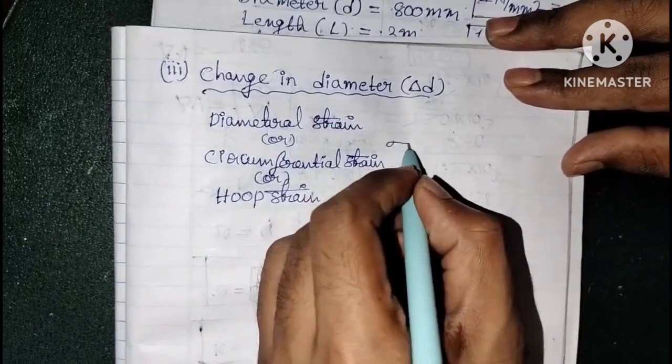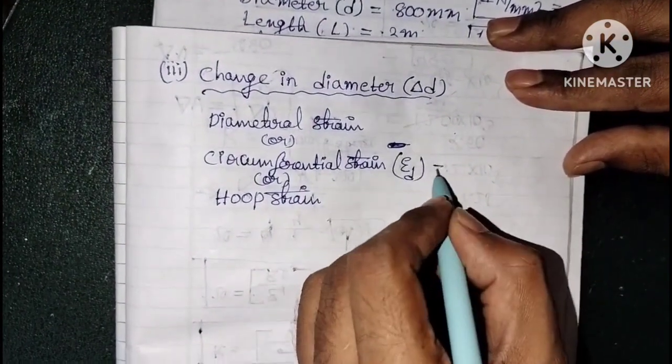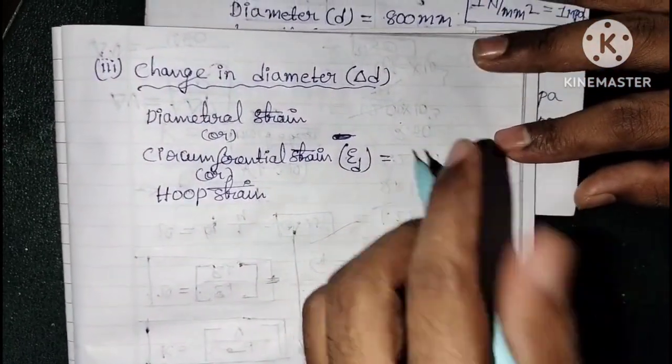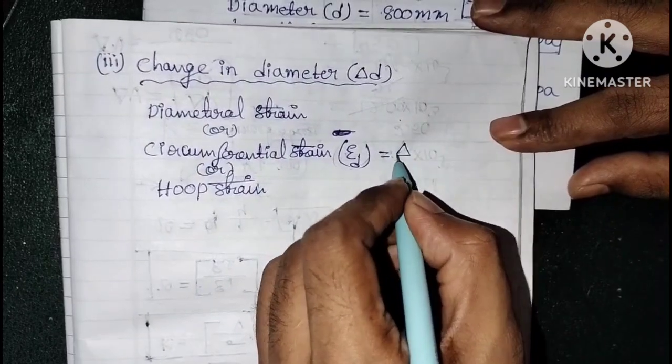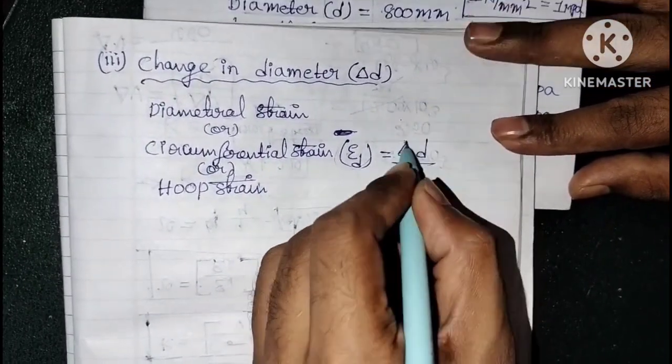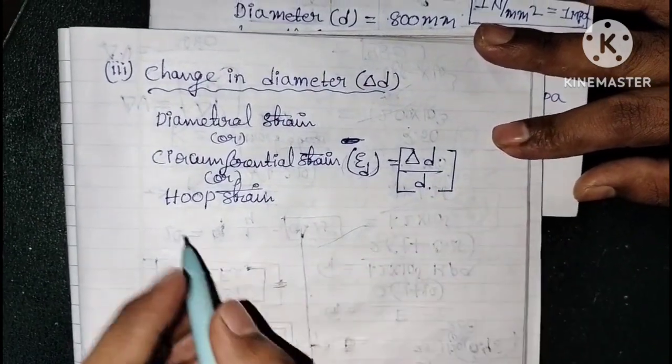Hoop strain is denoted by epsilon D, or epsilon H, or epsilon C. Diametral strain epsilon D is equal to delta D by D, which means change in diameter by original diameter.